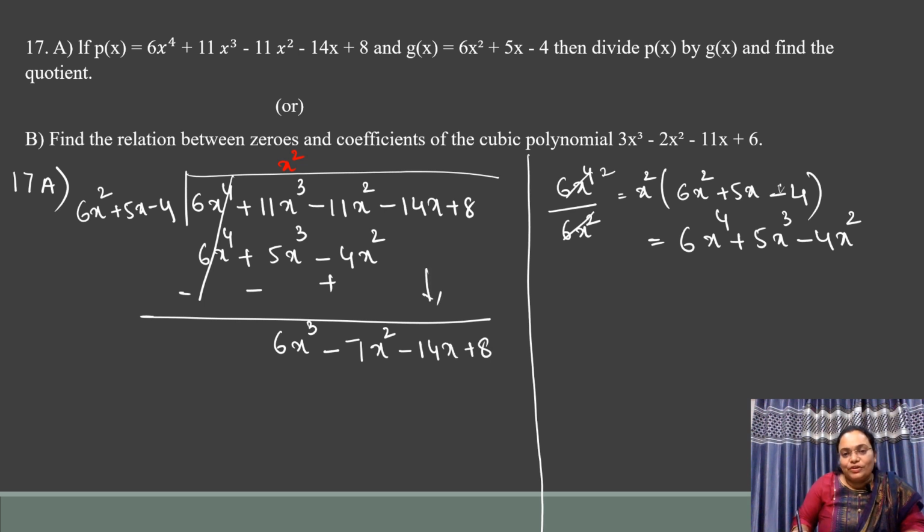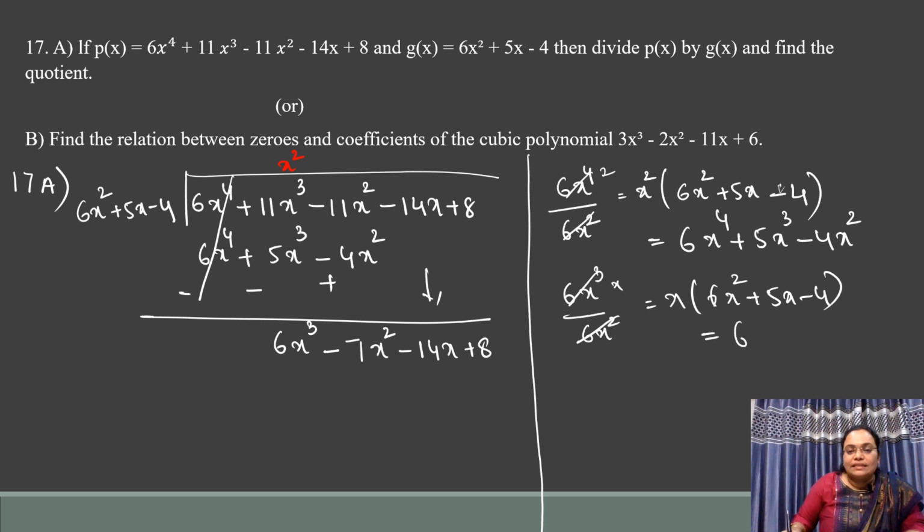The next, you need to do the same thing. 6x cube divided with 6x square, you will get x. You multiply it with 6x square plus 5x minus 4. You will get 6x cube plus 5x square minus 4x.